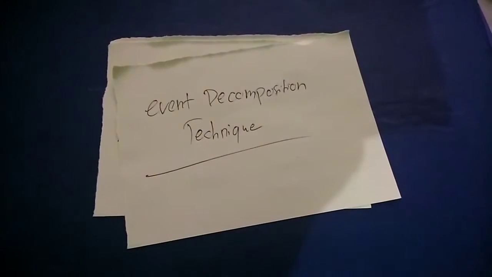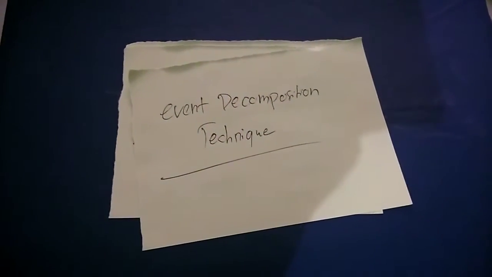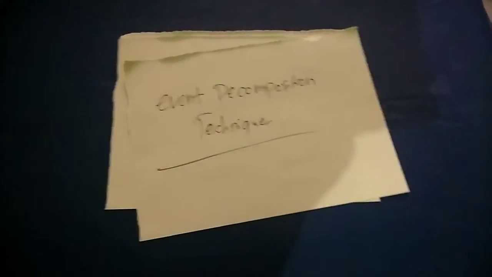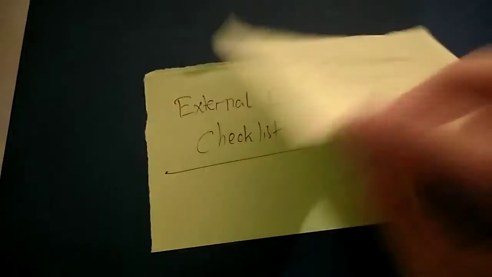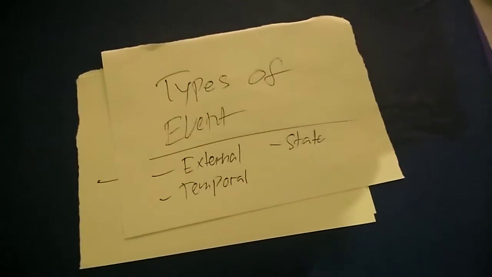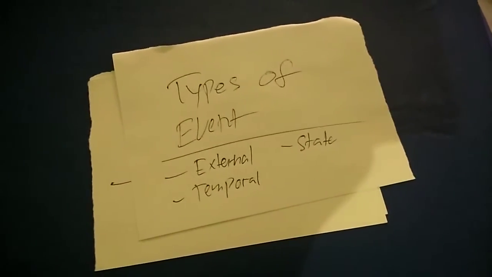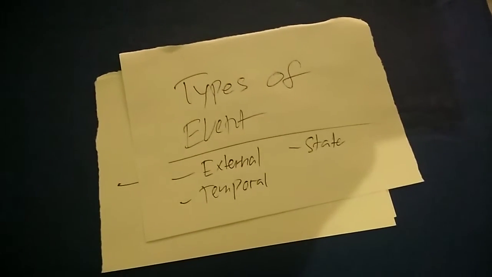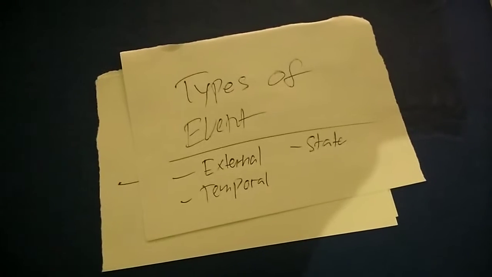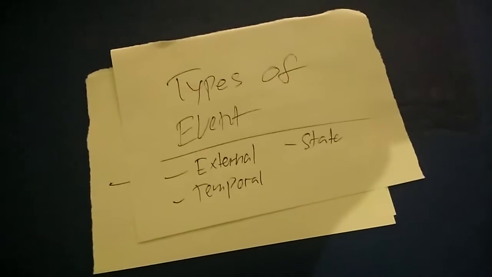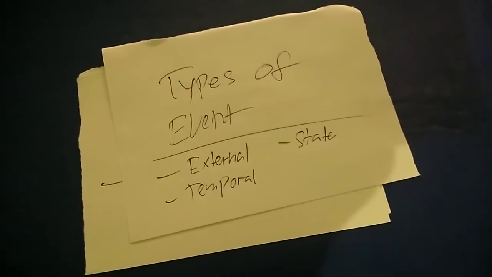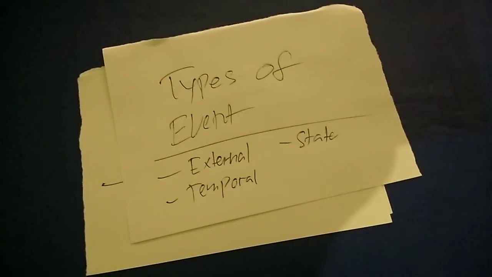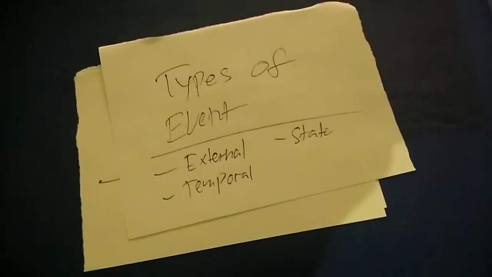Next, the types of events. There are three types: external event, temporal event, and state event. An external event occurs outside the system, usually triggered by an external agent or actor.